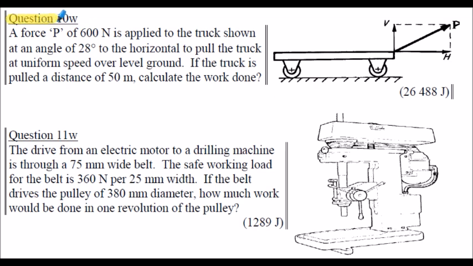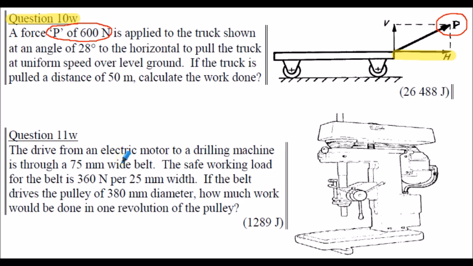Question 10W. Again, if you read the question, you'll need to work out the horizontal force applied. We're given in the question the force P applied is 600 newtons, so that's this force here. As I said, it's a horizontal component of that force we need to calculate to get the work done.